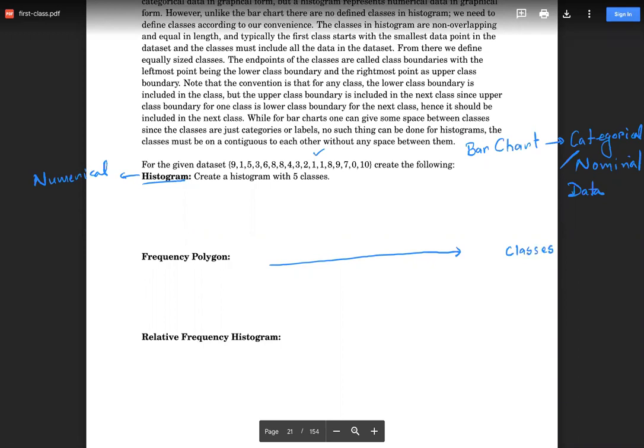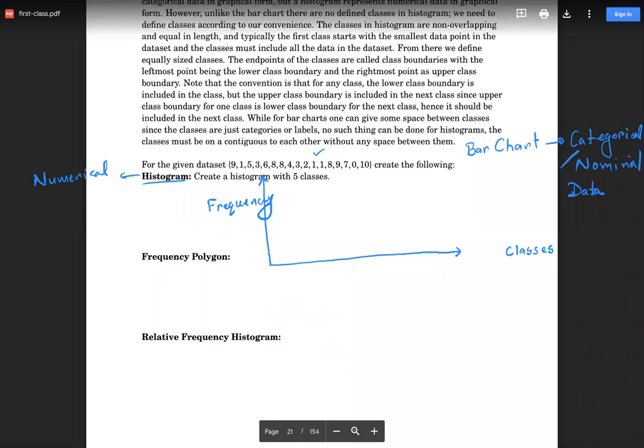And along the vertical line, you put what we call frequencies. That's what you do.